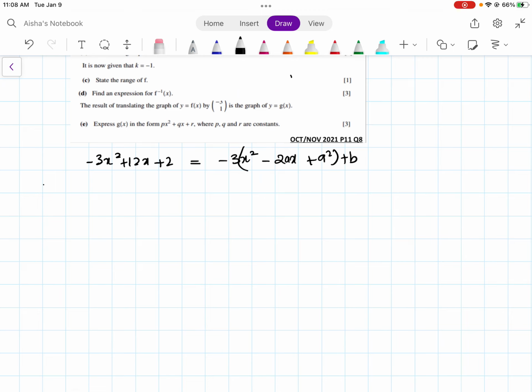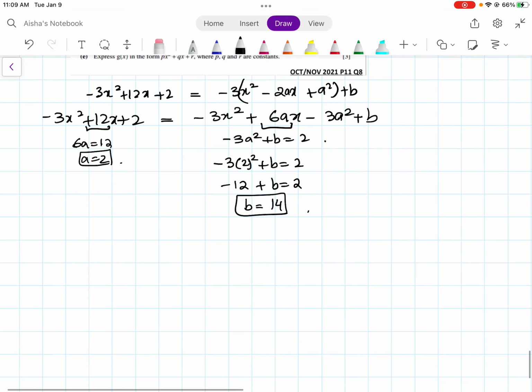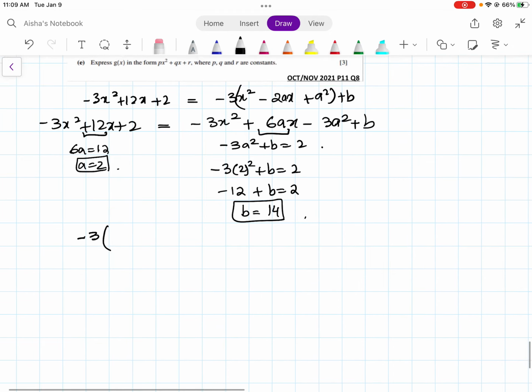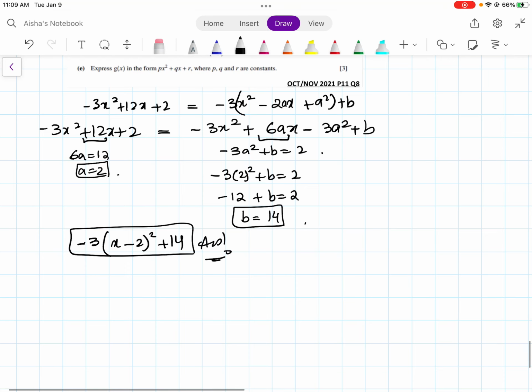Multiply the minus 3 with it. Six a is equals to 12. X minus a plus b. This is my answer to the first part.